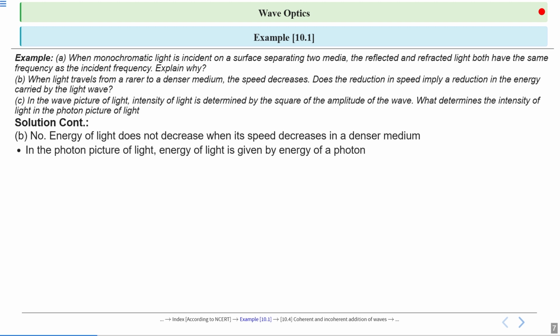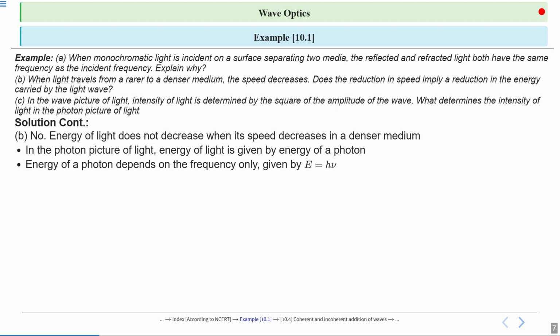Why? In the photon picture of light, when we consider the particle nature of light, then energy of light is given by energy of photon, and energy of photon is given by E equal to h nu. Here h is the Planck's constant, a constant, but energy also depends on frequency of the light.